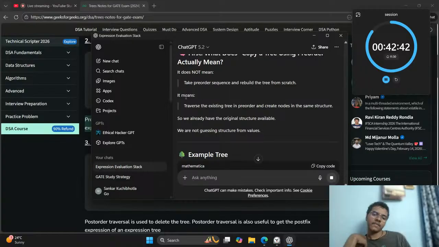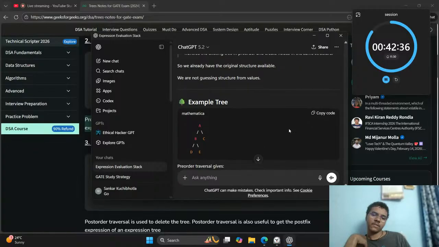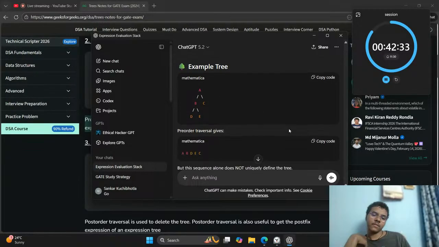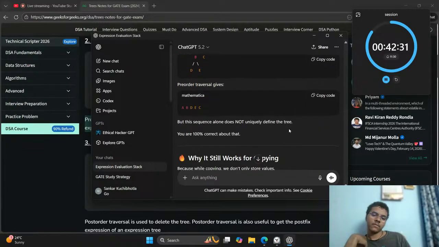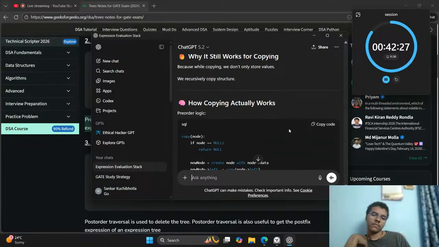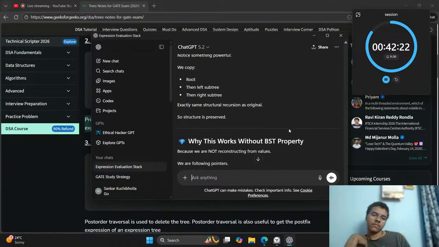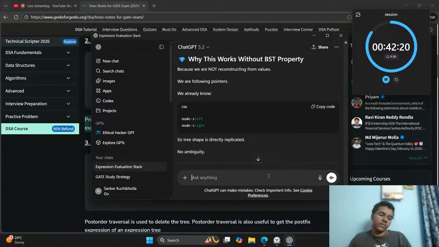It means traverse the existing tree in pre-order and create nodes in the same structure, so we already have the original structure available. So technically, you can use in-order and pre-order to copy a tree.